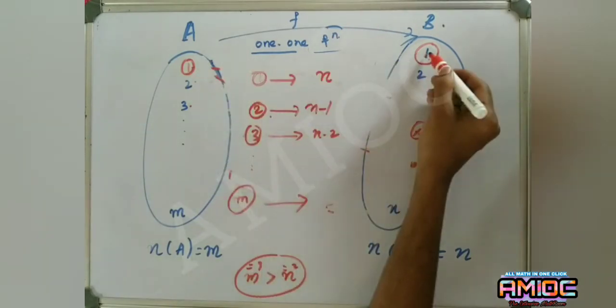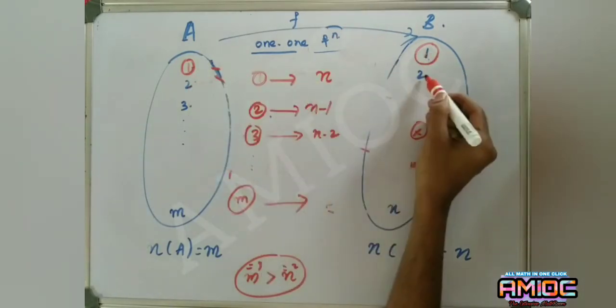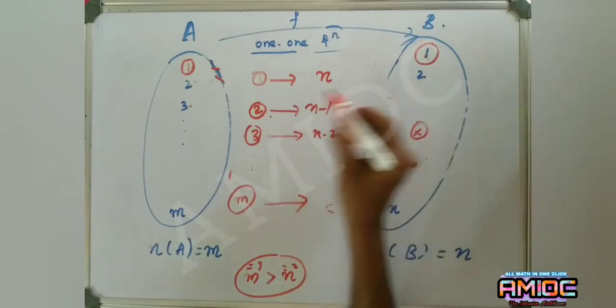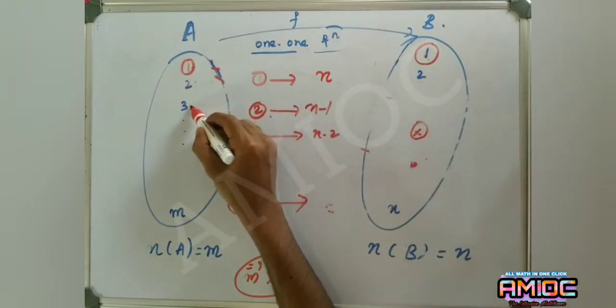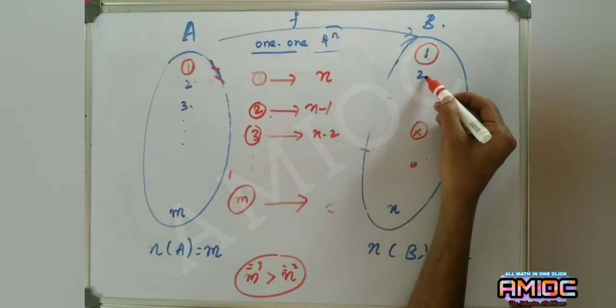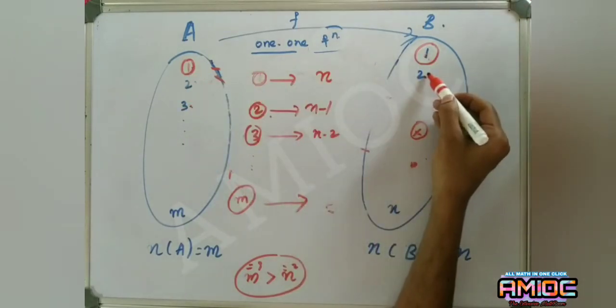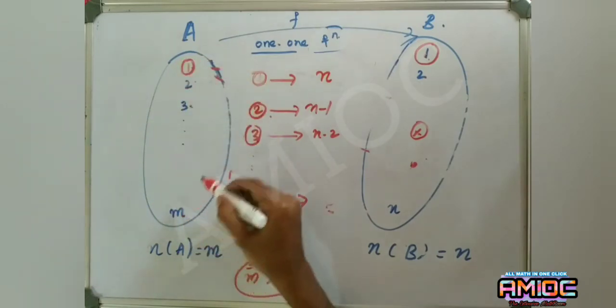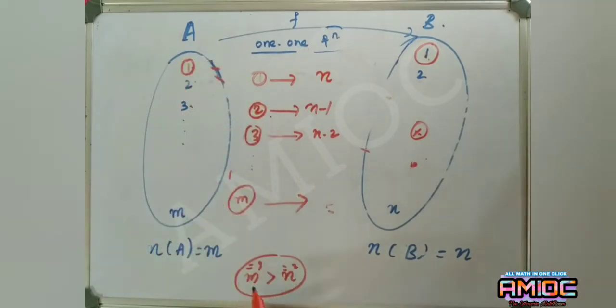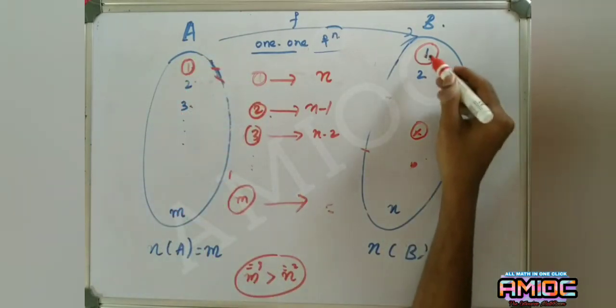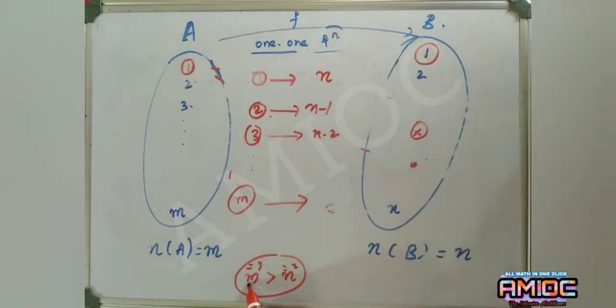Then 1 is mapped to 1, 2 is mapped to 2, and 3 must be mapped to one of these elements. Therefore, distinct points have the same image. That means the starting set, the domain set, cannot have more elements than the range set. Therefore, m must be less than or equal to n.